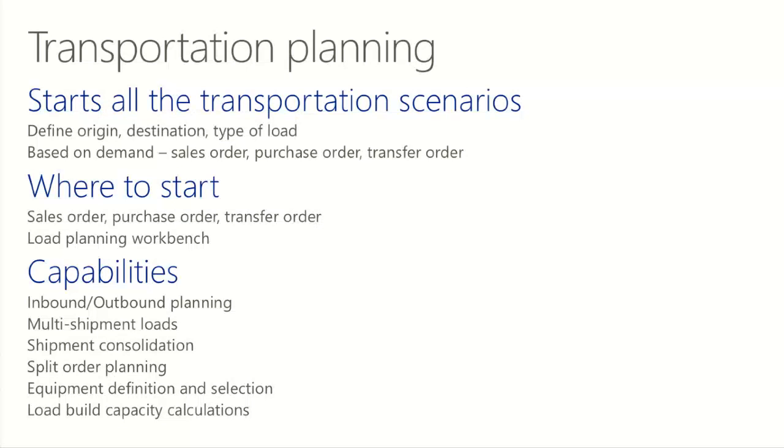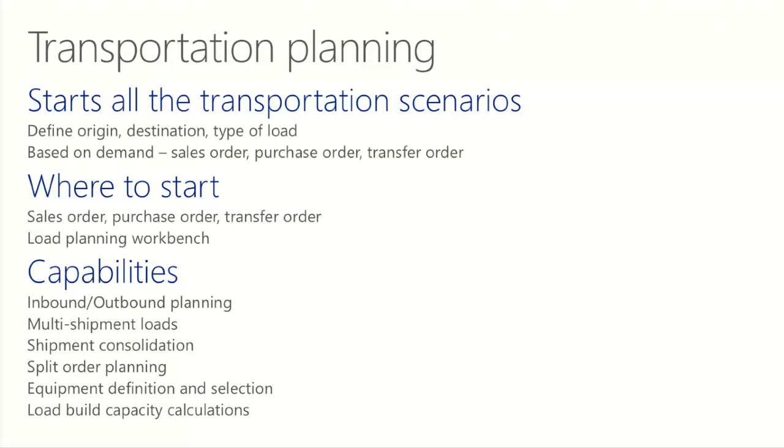Now this load planning workbench gives a complete overview of what kind of demand we have for transportation at exactly that moment. And this is really the transportation planner's working place. He or she would spend most of their time in this workbench and trying to figure out, group the things, and how all that works.